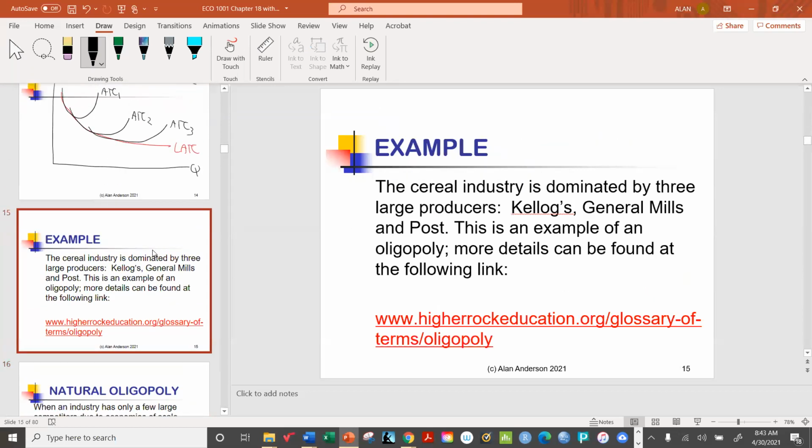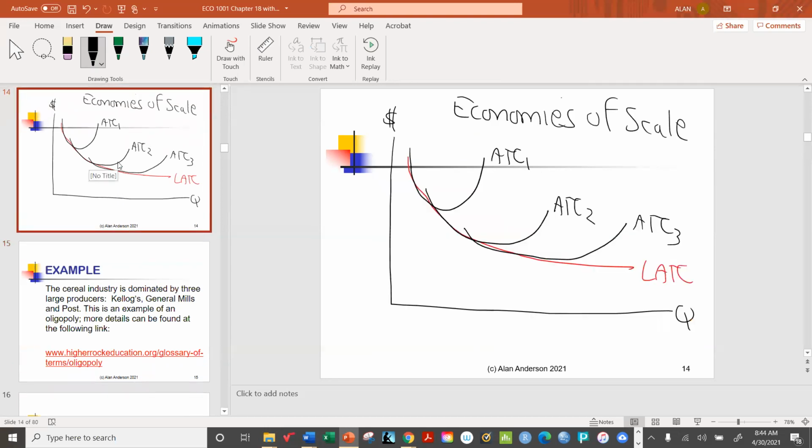And also, don't forget, remember we looked up on the internet, we discovered that this is actually happening with Kellogg's, General Mills, and Post. Although there's three of them in that case, they basically represent an oligopoly because between the three of them, they account for about 80% of the industry output, which means that most likely this is what's happening in the production of cereal, okay?